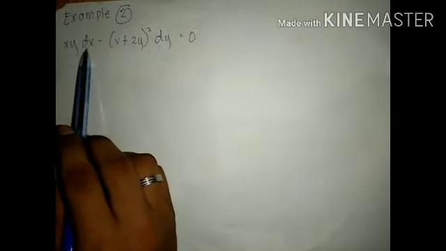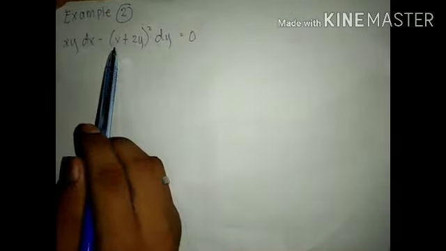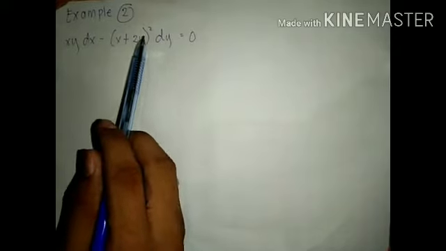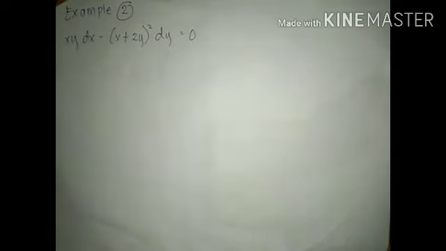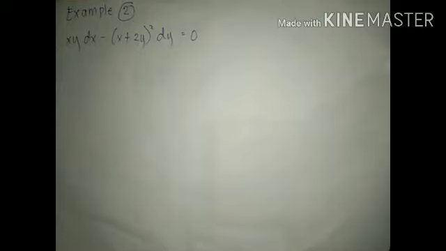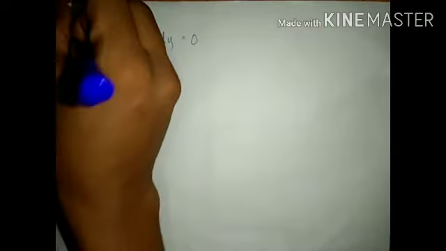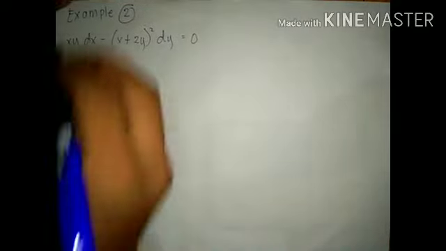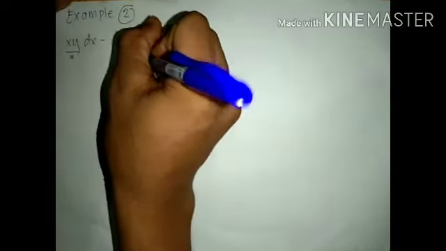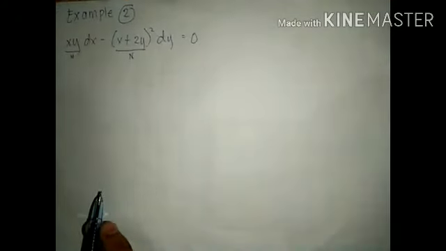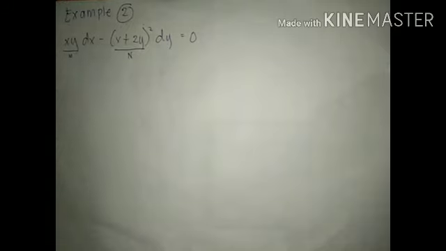Example number 2. So xy dx minus x plus 2y squared dy is equals to 0. So first, ato siyang pangitahon ang term nga m. Atong simplest form ba atong pangitahon. So mao ni atong m. Then this is our n. So ang atong m way simplest form.